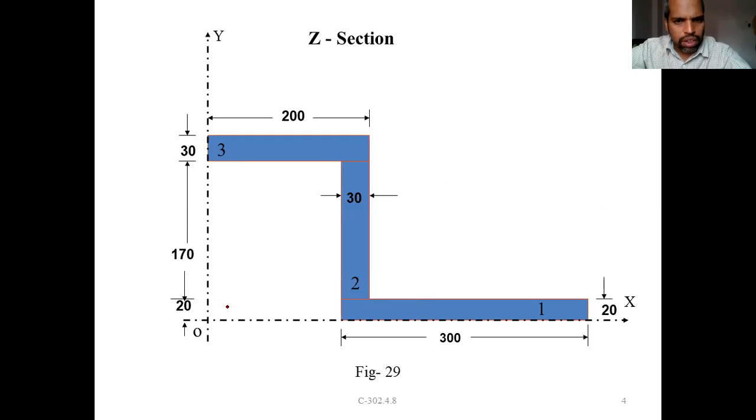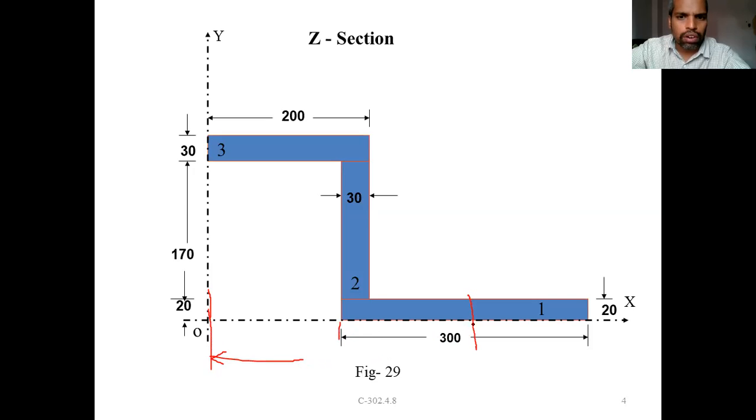So what is x1, x2, x3? This is the reference axis. From the reference axis up to x1 is the centroid of figure 1. The centroid of figure 1 lies at the center, the midpoint, 300 by 2, which means 150, somewhere here. So from here to here, that is your x1. Up to here it is 150.